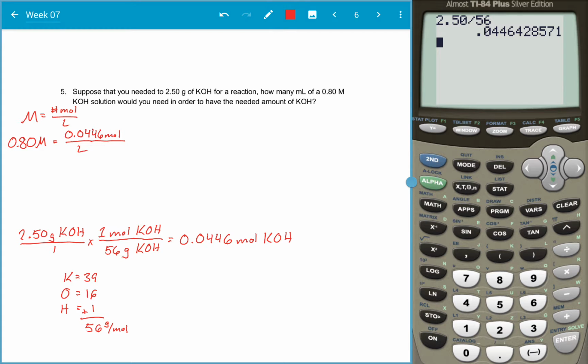Now, I need to solve for liters. To do that, I'm going to bring the liters to the other side. It's very hard to solve for something in the denominator, so I want to move it out of that as a first step.